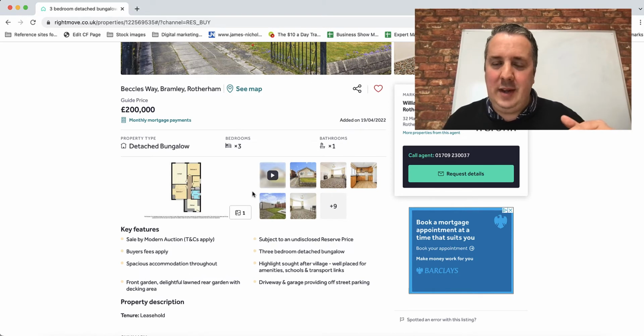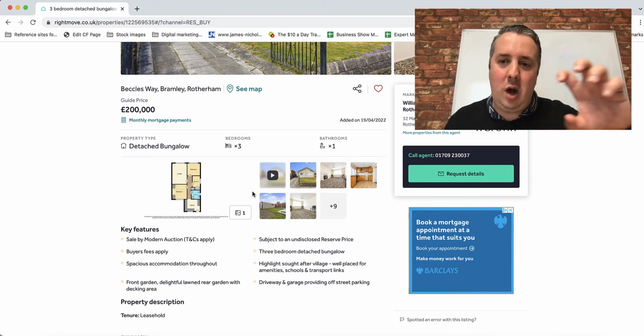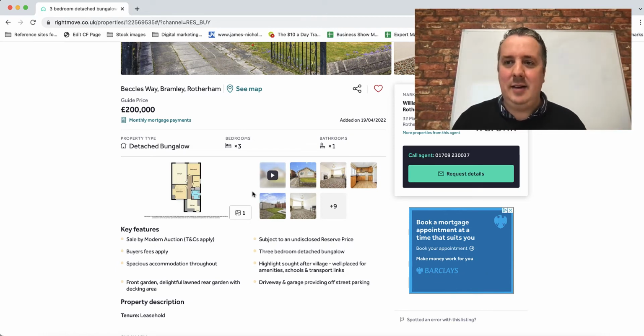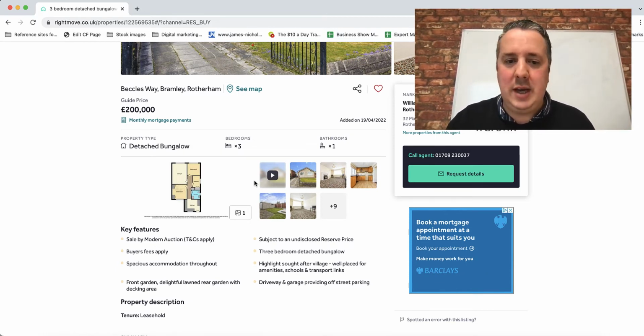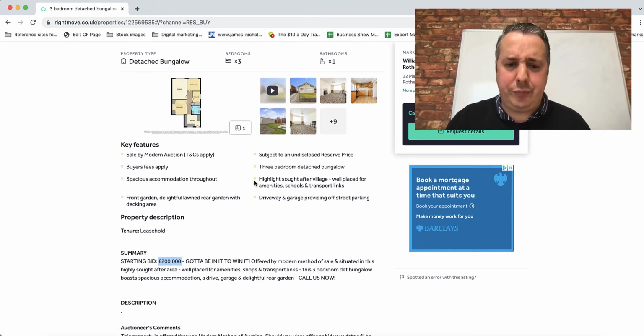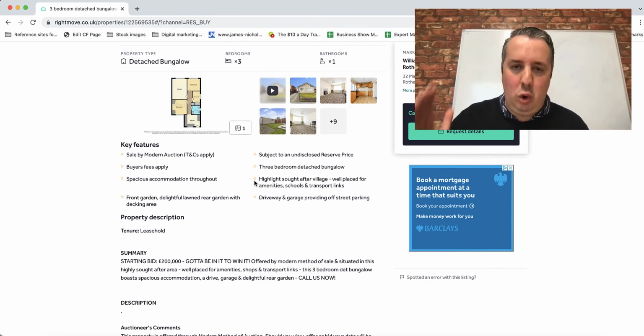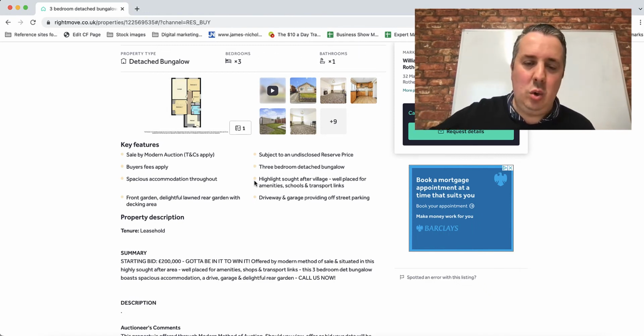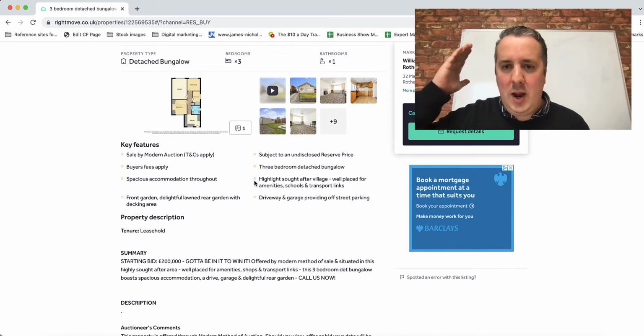Then you need to pay the 5% of the whole £103,000. So it's a little bit of difference there, but you just have to be aware, and you can call the auction house and they'll give you an estimate on what the fees will be, because they obviously want you to bid and be successful.